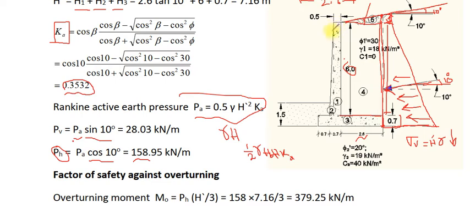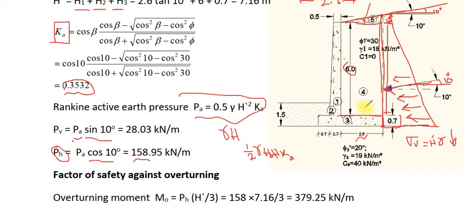For example, the stem rectangular area, number 1, the triangular area, number 2, the base rectangle area, number 3, the soil above the base, number 4, and this triangular area of soil, number 5.